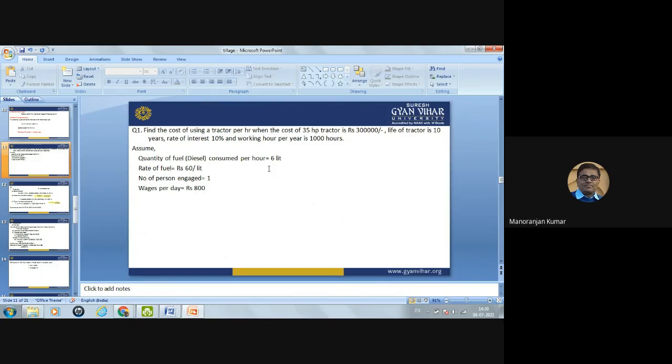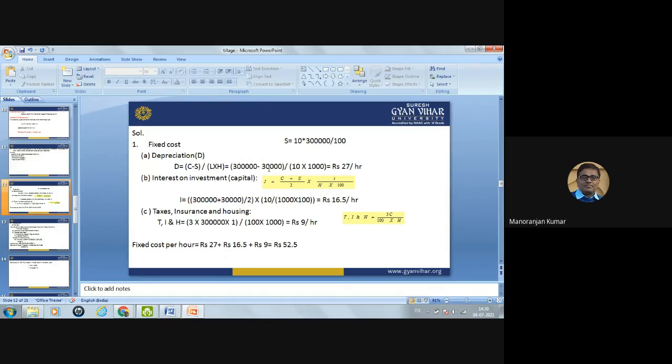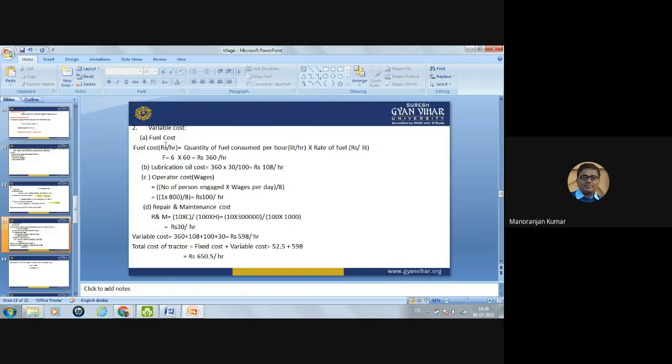When calculating the total cost of the implement, in the fixed cost, depreciation will be there, interest on investment will be there, taxes, insurance and housing will be there, and in the variable cost, the fuel cost will not be there, because fuel is needed only in the tractor, not in the implement. So fuel cost will not be there.